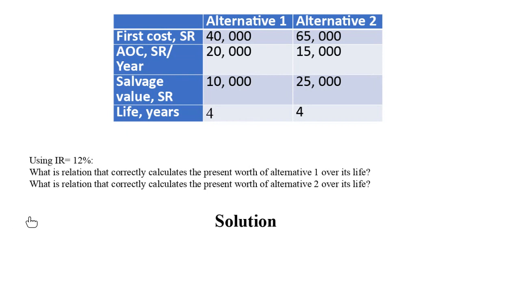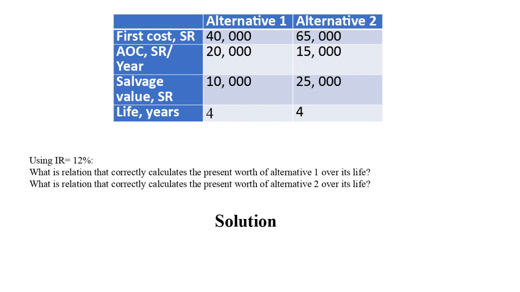So if we start with the formulation for alternative 1, let's write it here. What will be the formulation, the present worth for 1 equal to? We will start with the first cost.